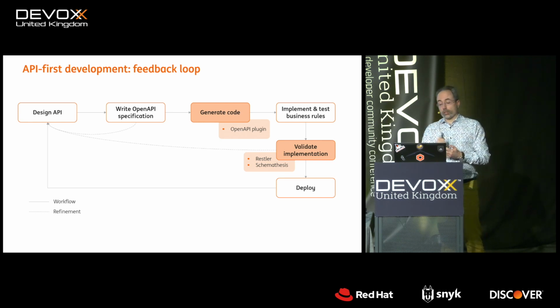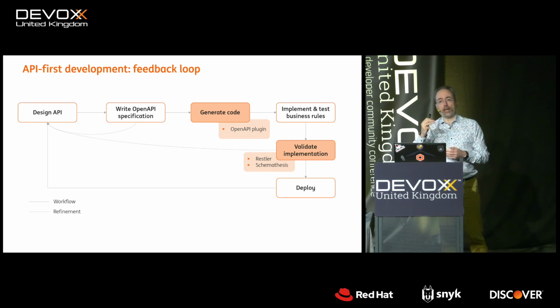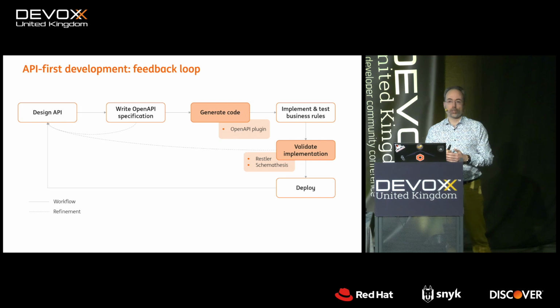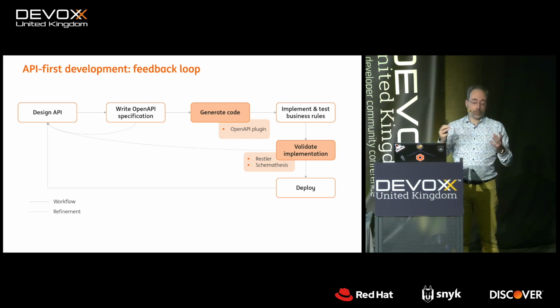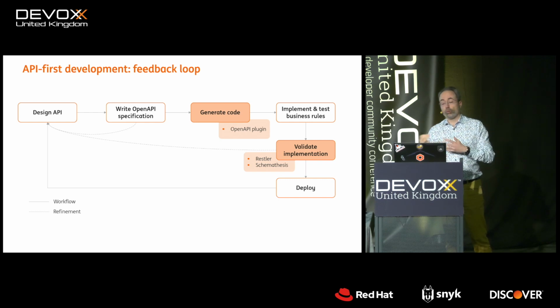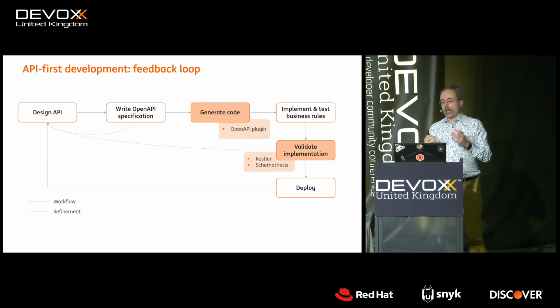Now, the advantage of doing this at this point is that even if we are only in the prototyping stage, we already have an artifact that can be deployed, can run, and is already serving requests. It can either serve some static demo sample data, or it can return a non-implemented response. Now it's up to the team to decide that. But even at this stage, you can already get a running service.